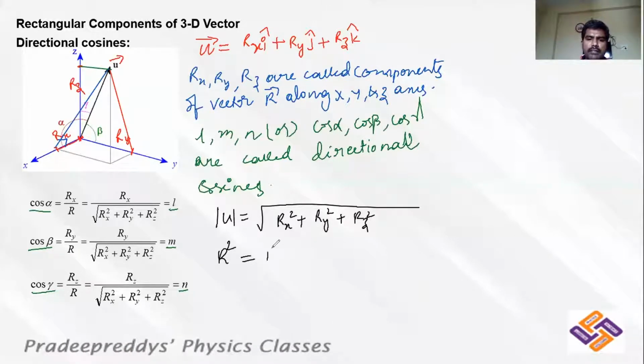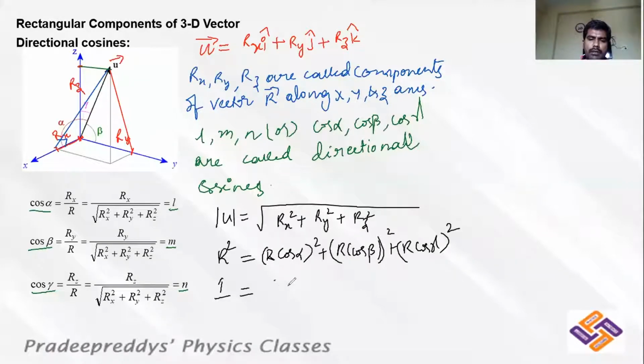What is rx written as? Rx is equal to r cos alpha, so r square is equal to r cos alpha whole square plus r cos beta whole square plus r cos gamma whole square. R square you can take common, and r square on both sides gets cancelled. So finally you can write 1 is equal to cos square alpha plus cos square beta plus cos square gamma. This is the final conclusion.